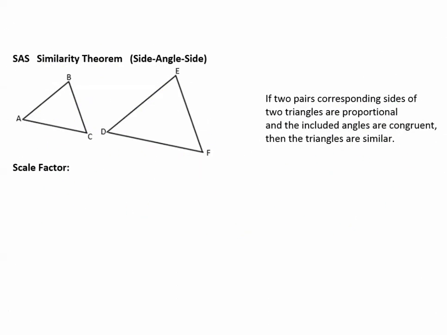Let's take a look at the last theorem. Side angle side similarity theorem. SAS for side angle side. This one is a combination of the previous 2. If 2 pairs, so just 2, of corresponding sides of 2 triangles are proportional and the included angles are congruent, because of course angles have to be congruent, then the triangles are similar.